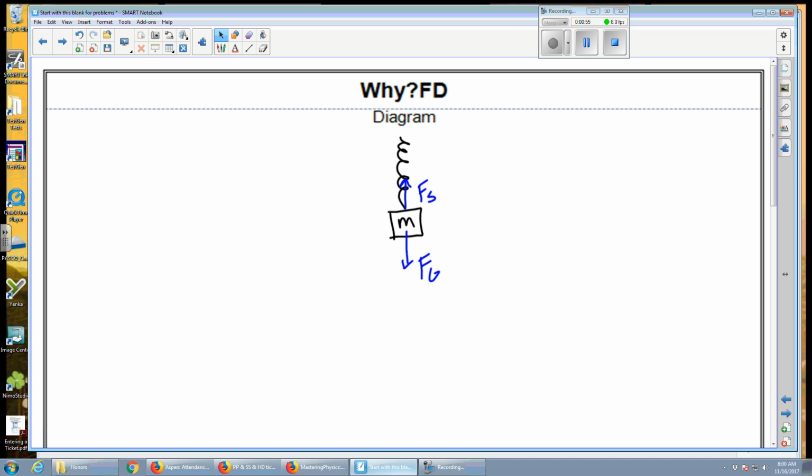Actually, I'm going to move those to act on the spring rather than on the spider. So the force down is the force of gravity on the spider, and upwards is the force of the spring. And that's my whole force diagram.